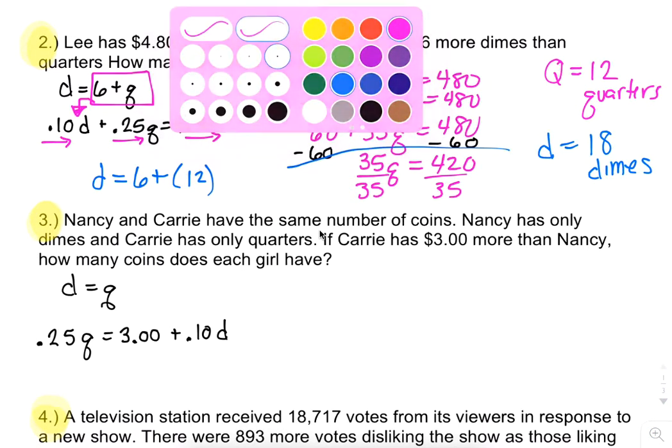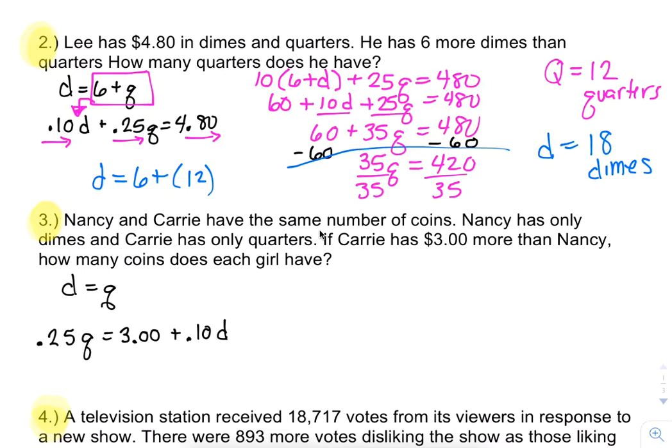Problem number 3 is actually a little bit easier because D equals Q. So it doesn't really matter who you plug in, but for the sake of consistency, D equals means that we would box this and we plug it in where D is. I'm going to move all of my decimals over 2 spaces. So we're going to have 25Q equals 300 plus 10Q.